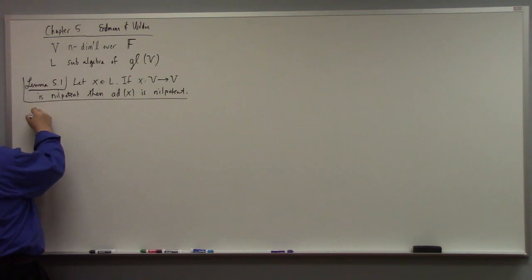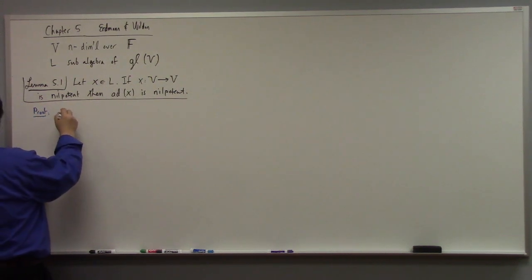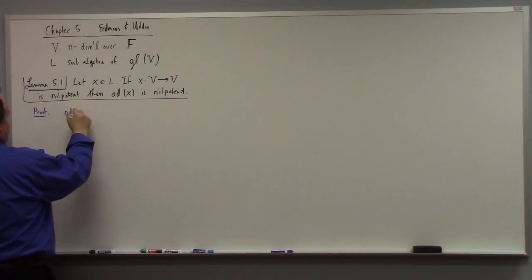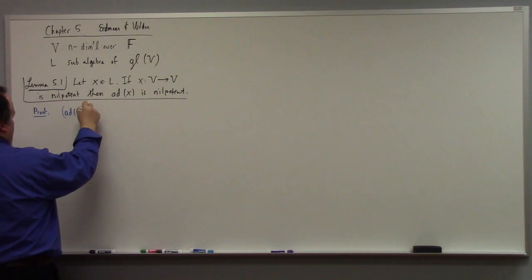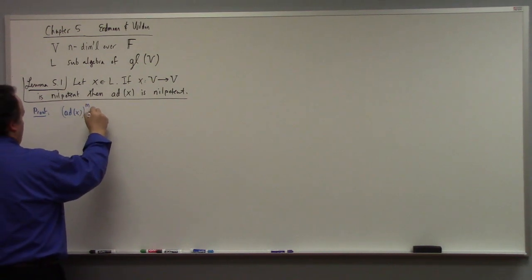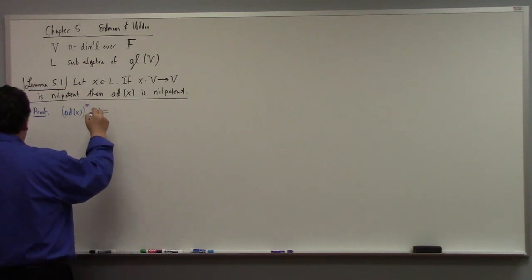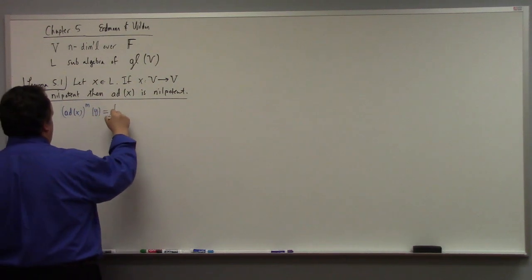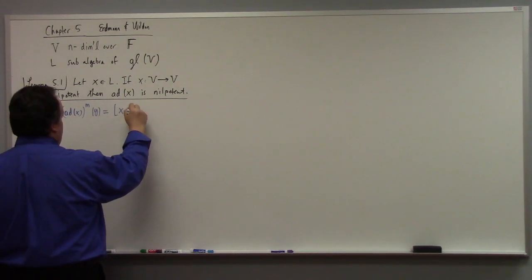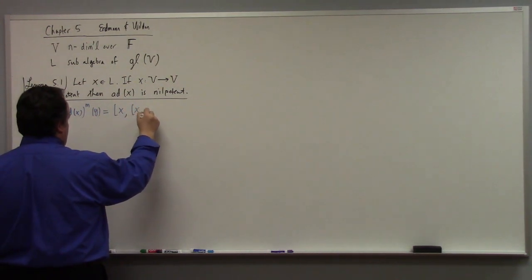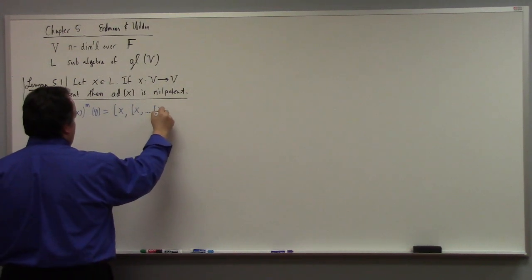So the proof here, he says take Y in L and expand the adjoint. His proof is basically by formula. If we look at the mth power of the adjoint of X acting on Y, then we're looking at a nested commutator, X with X with X with Y, like that.